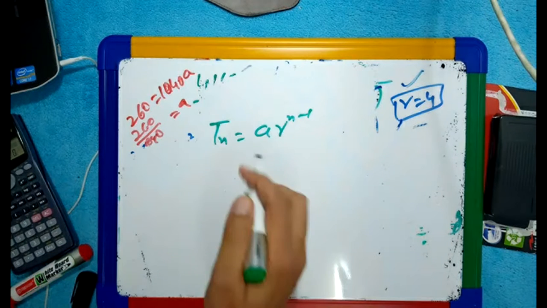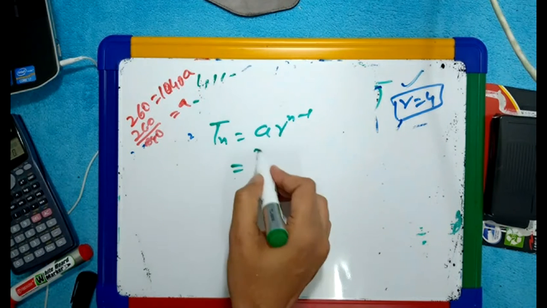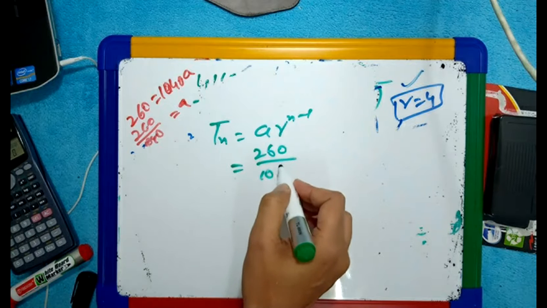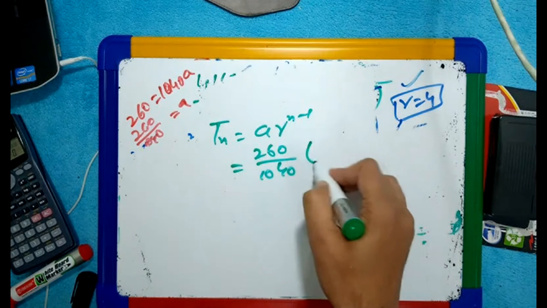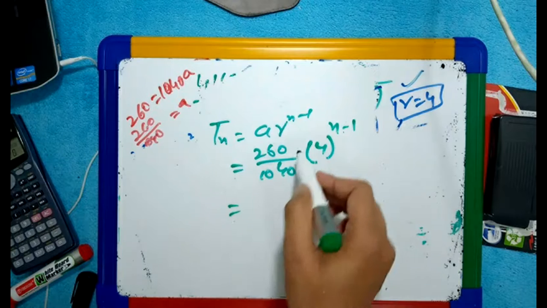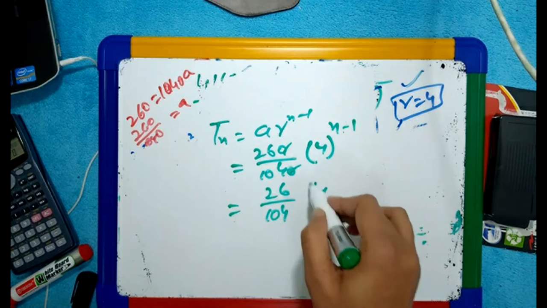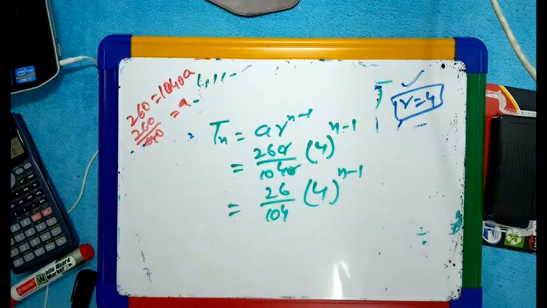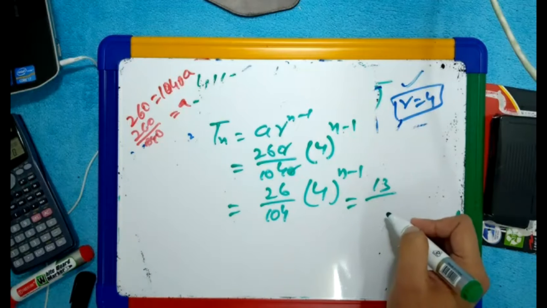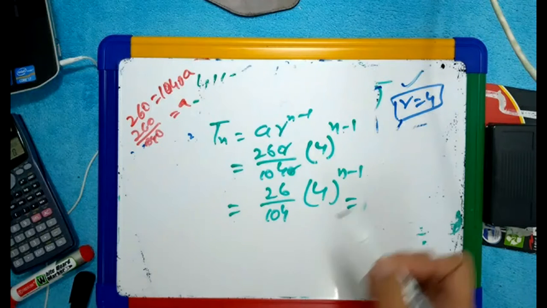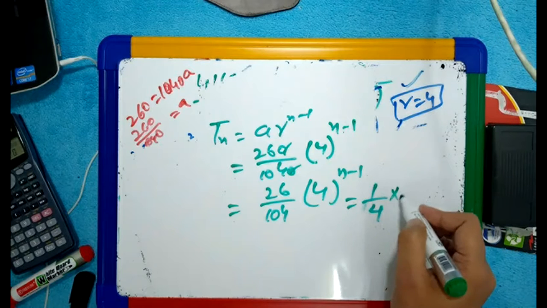Rest is very easy. a is 260 over 1040 and r is 4. So 4 raised to n minus 1. 26 over 104 can be cancelled, and it is 1 over 4. So 1 over 4 times 4 raised to power n minus 1.